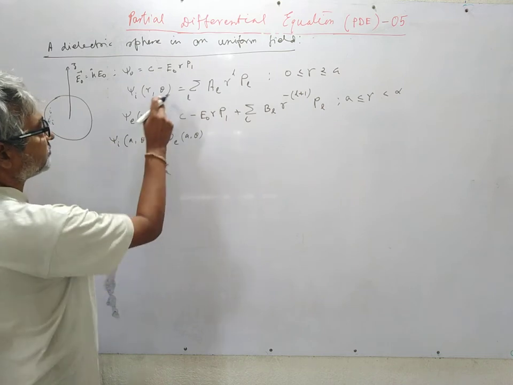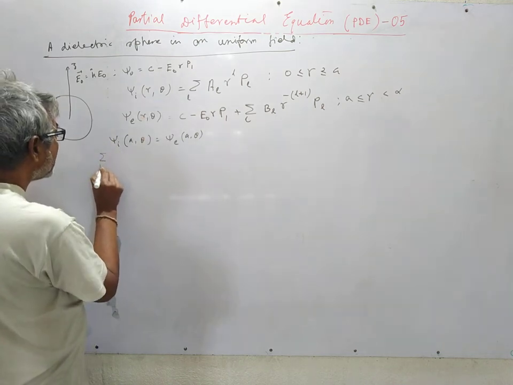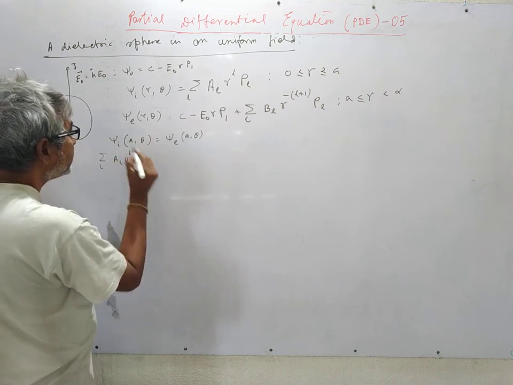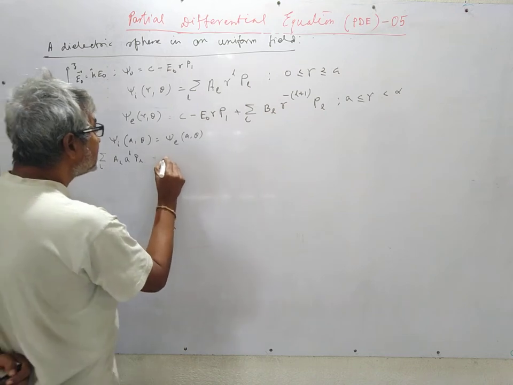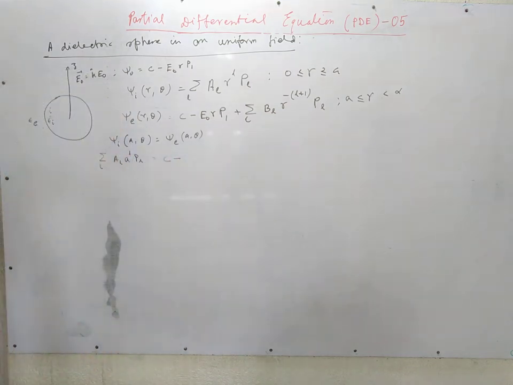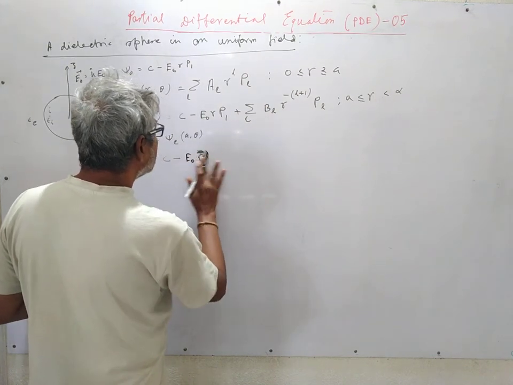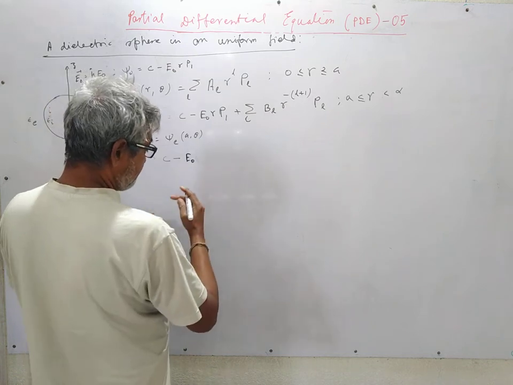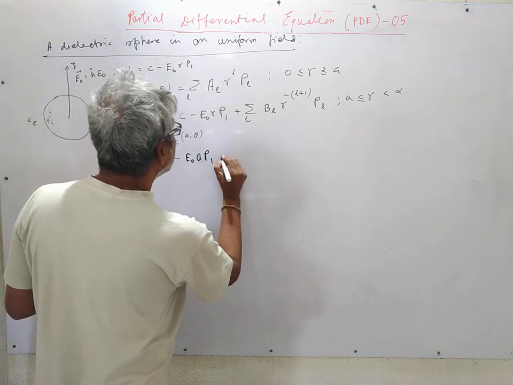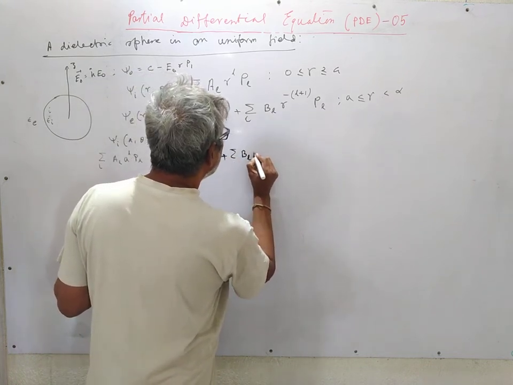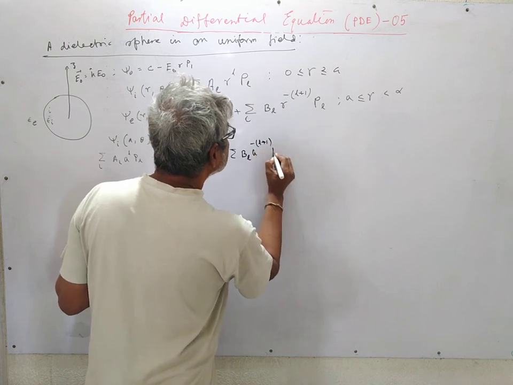So we have summation over L of AL a to the power L PL is equal to C minus E0 a P1 plus summation over L of BL a to the power minus (L plus 1) PL.